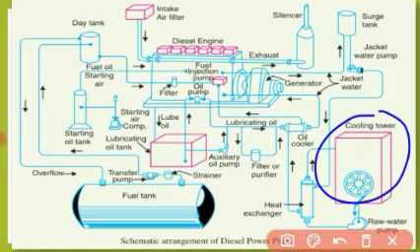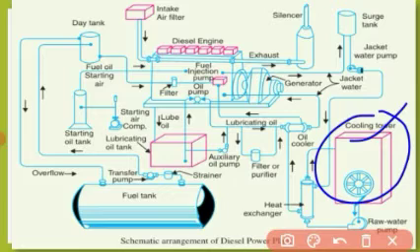In order to keep the temperature of the engine parts within safe operating limits, cooling is provided. The cooling system consists of a water source, pumps, and cooling towers. The pump circulates water through the cylinder and head jacket.